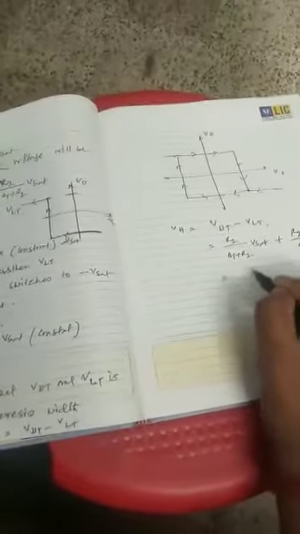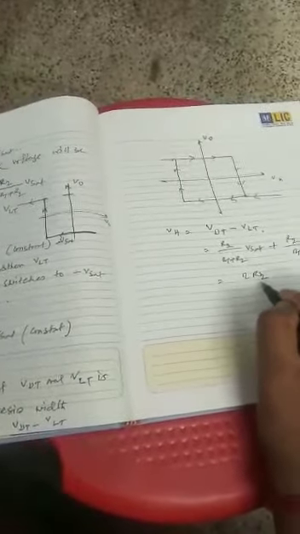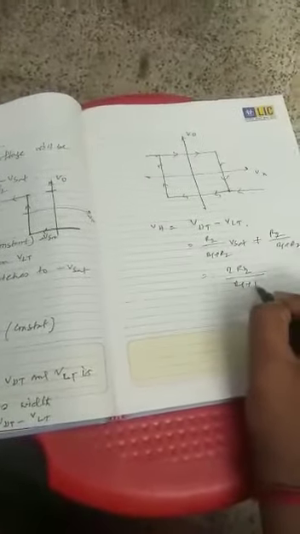That is R2 by R1 plus R2 into Vsat minus minus R2 by R1 plus R2 into Vsat, so 2 R2 by R1 plus R2 into Vsat. This is the hysteresis width of a Schmitt-Trigger circuit.